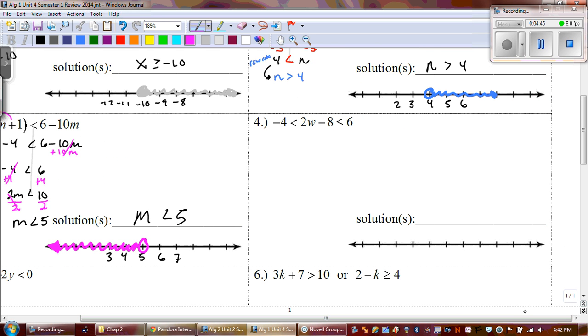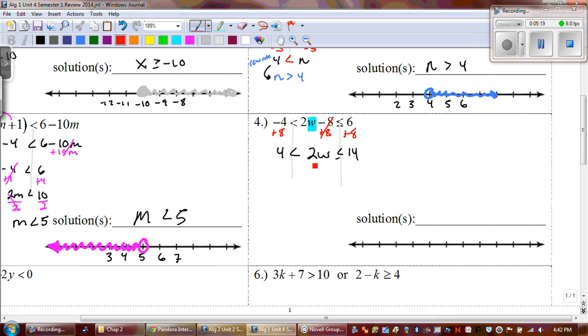All right. Number 4. Look at number 4. We've got two inequalities. Okay, remember, we still want to solve for the variable. So we work on all three sides. Negative 4 plus 8 is 4 is less than 2w, which is less than or equal to 6 plus 8 is 14.